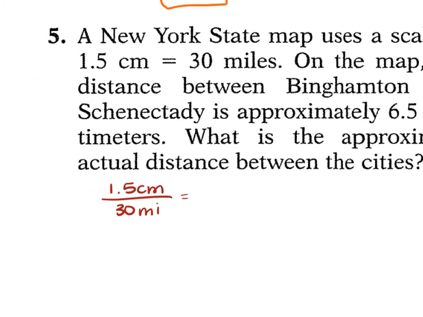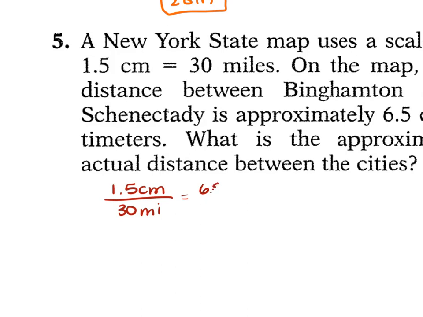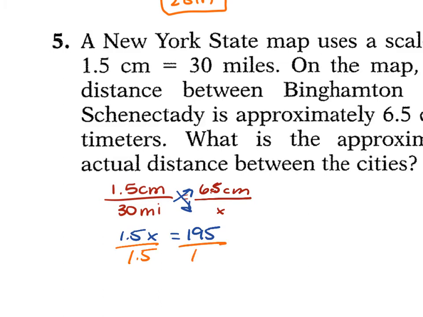So we're going to set this equal to 6.5 centimeters over something miles. So we're going to cross multiply. So we're going to have 1.5x is equal to 30 times 6.5, which is 195. We divide each side by the 1.5. We get x is equal to 130 miles.